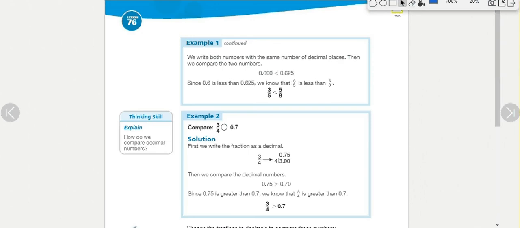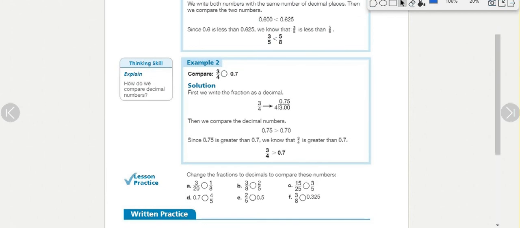In example 2, we're comparing 3/4 and 7/10. It's hard to make fourths and tenths common denominators unless you multiply them. You get 40ths. But what if we quick divide? We already probably know that 3/4 is 75 hundredths or 0.75, 75%, you know, all that stuff.